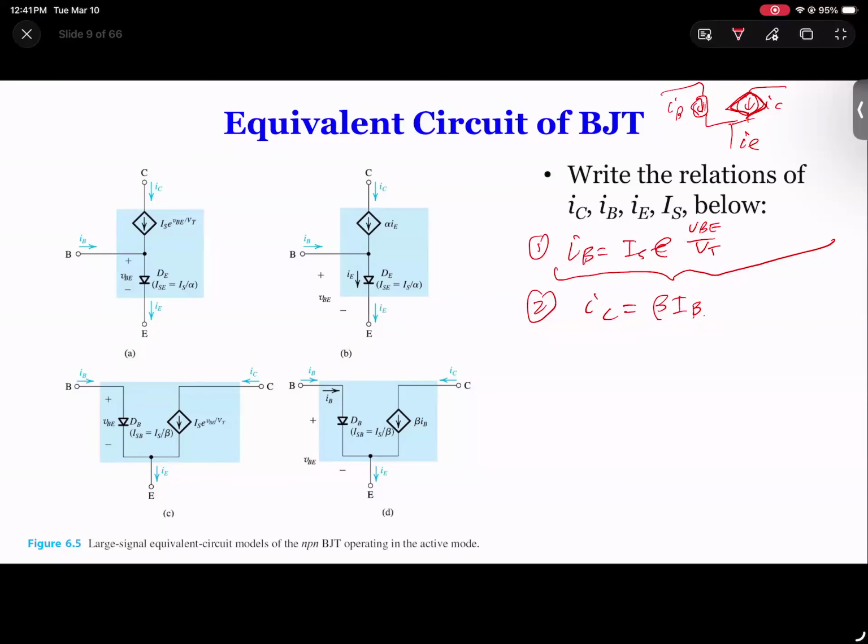But on the other hand, we have equation number one, which says IB is also controlled by something else. It's not just by IB. So how do you represent VBE in that equation?